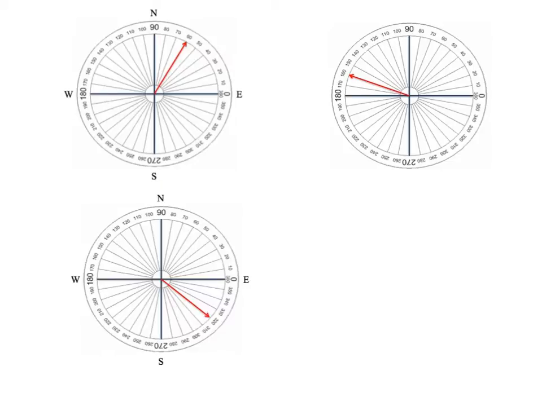So if we take a look at the top left-hand corner here, I see a vector, and one way that we can classify that is to say this vector is 60 degrees north of the east direction. So if we write that down, what it ends up looking like is 60 degrees north of east.